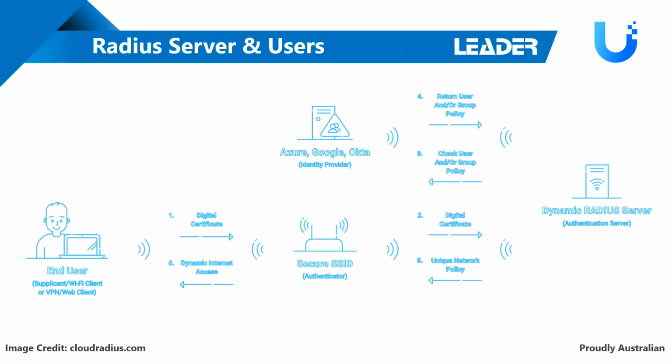The way we get past that is by using Radius-based authentication, where we can, based on the username and password that is entered, go into a specific VLAN. We're going to see how that works in a second as well.